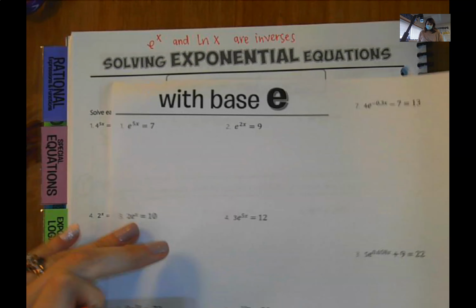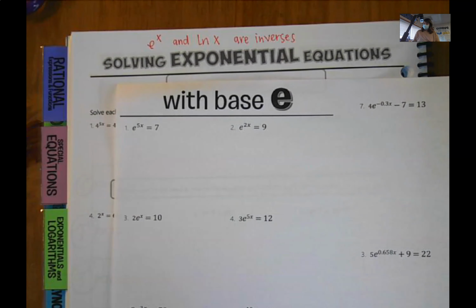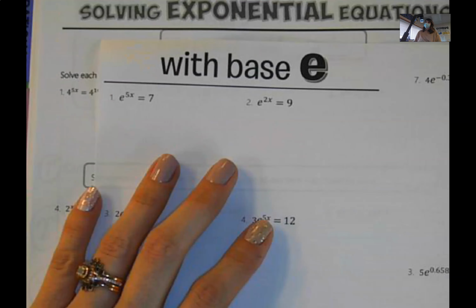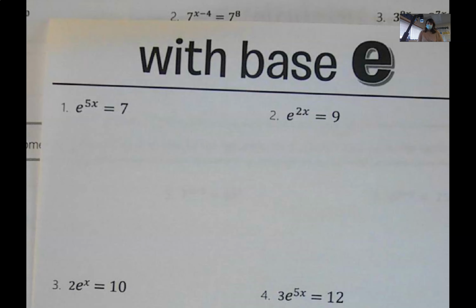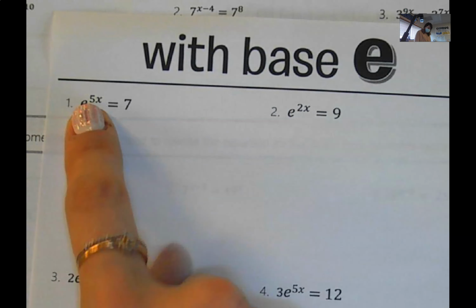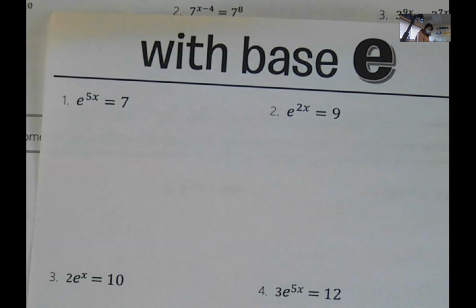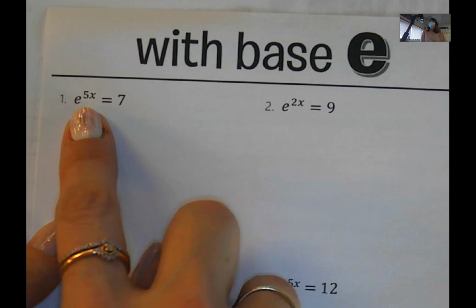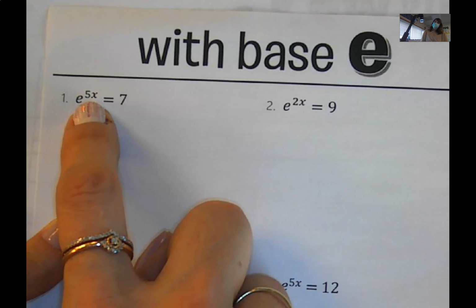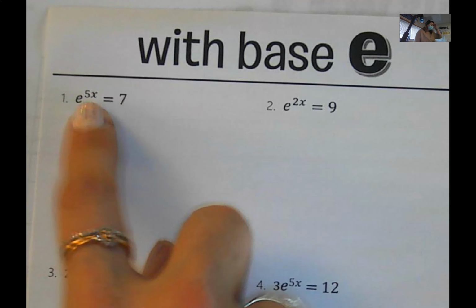So the first one is pretty straightforward. Number 1 wants us to solve this equation for x, but that x is in the exponent position. So we can't do any solving until we get that guy out of the exponent position.